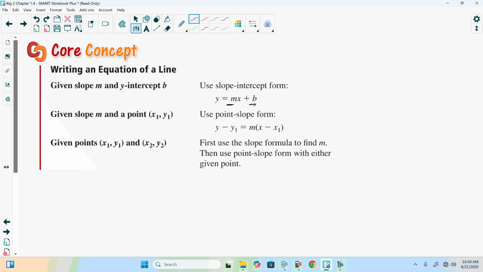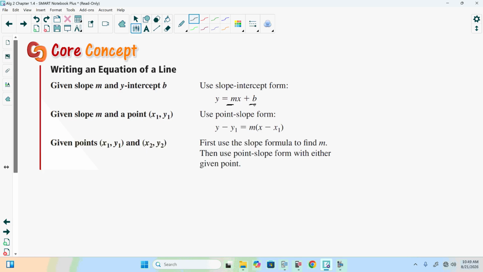Given as a point, it is 0, comma b, so we're mainly looking at the b value. The y-intercept is the point on the graph where it crosses the y-axis. The x value at the y-intercept will always be 0. The y value at the x-intercept will also be 0. But for the slope-intercept equation of a line, we're mainly focused on the y-intercept.